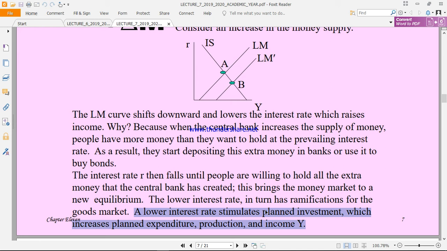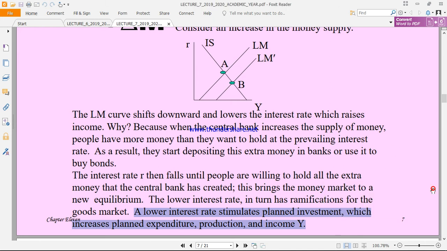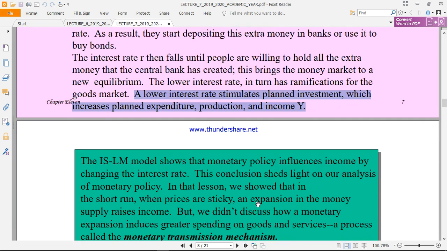So you go to the banks, borrow more, build more, invest more, and make sure you invest in those investments that are going to give you money back as soon as possible, so you can pay back before the rate of interest is manipulated. Because of that, planned expenditure is also going to increase, and because planned expenditure is increasing, we expect production to increase, and because production has increased, we then expect income to also increase.